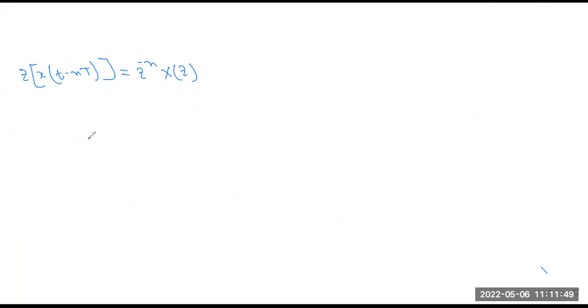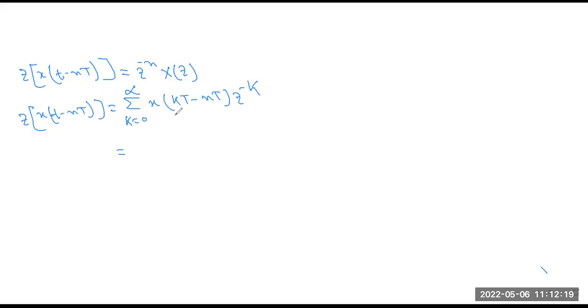So we have to apply the Z transform to this equation. Z of x(t minus nT) is equal to summation of k equal to 0 to infinity of x(kT minus nT) z to the power minus k.